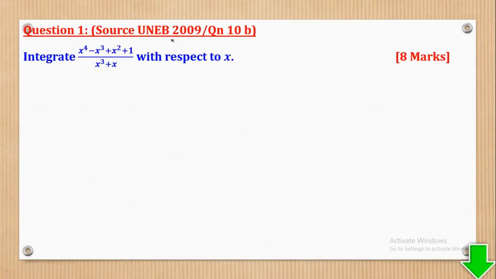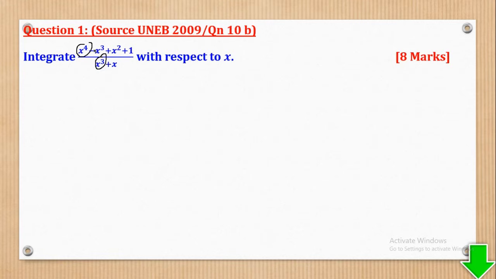Question 1 came from UNEB 2009, paper 1, question 10b, and says integrate this with respect to x. Now here, I think you realize that the highest degree in the numerator is greater than the highest degree in the denominator. What does that mean?